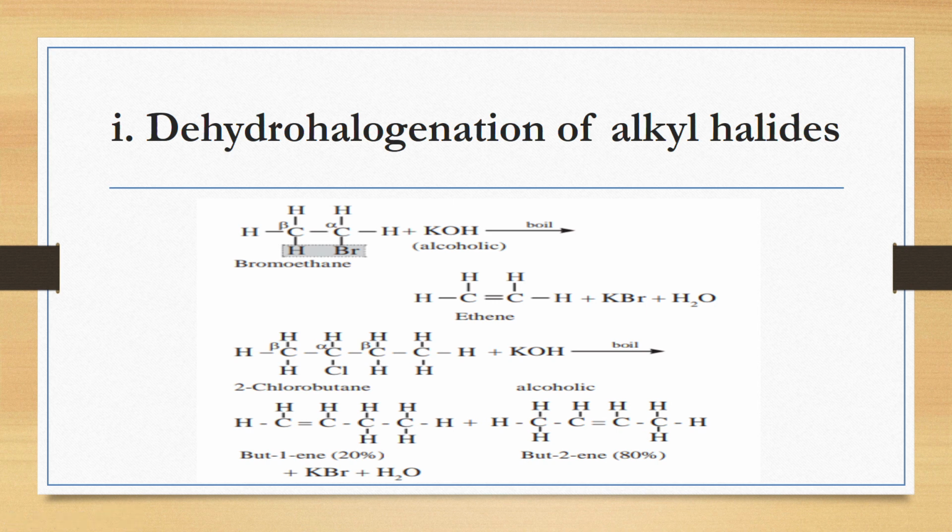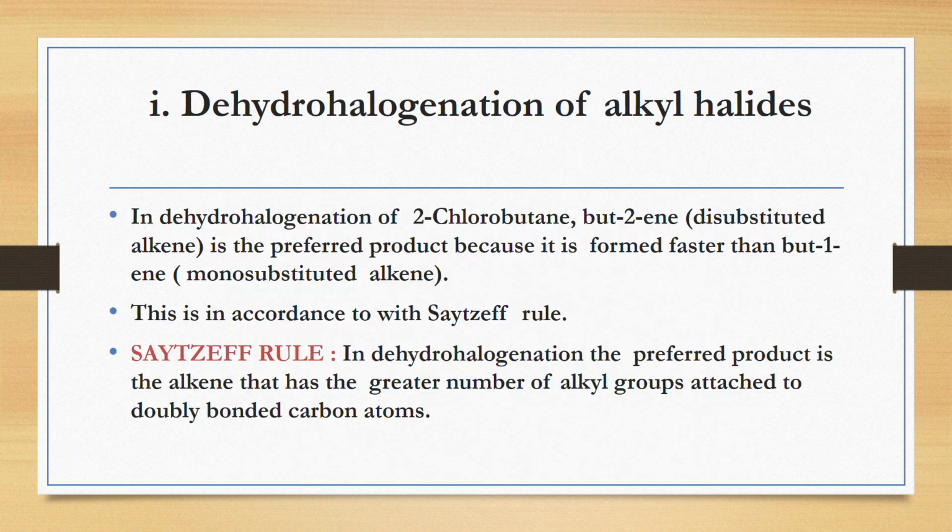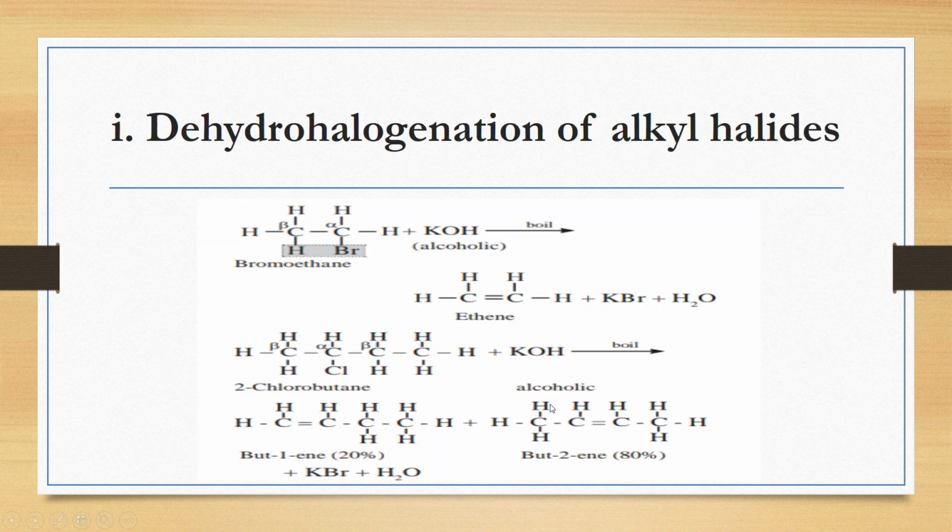So you can see in the next slide, the Saytzeff rule states that in dehydrohalogenation, the preferred product is the alkene that has greater number of alkyl groups attached to the doubly bonded carbon atom. So we'll have to search for such carbon atom attached to the double bond having greater number of alkyl groups attached to it.